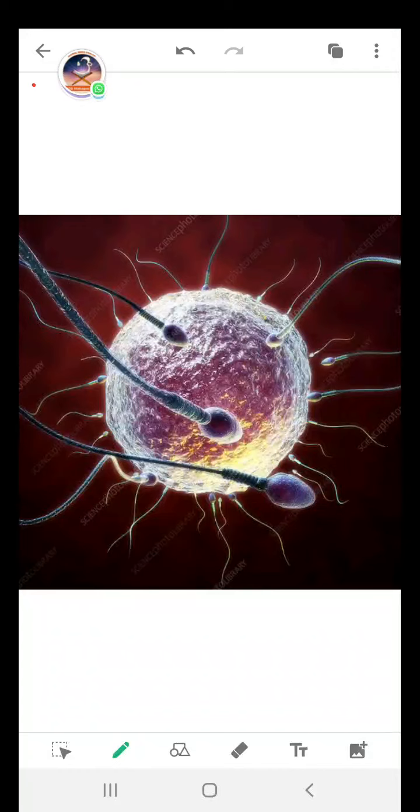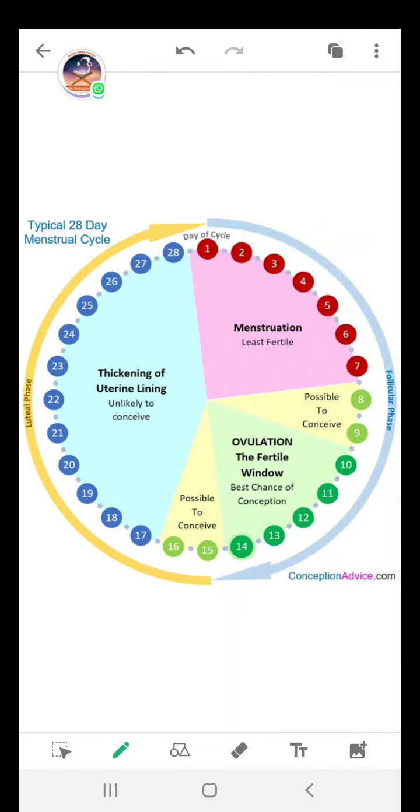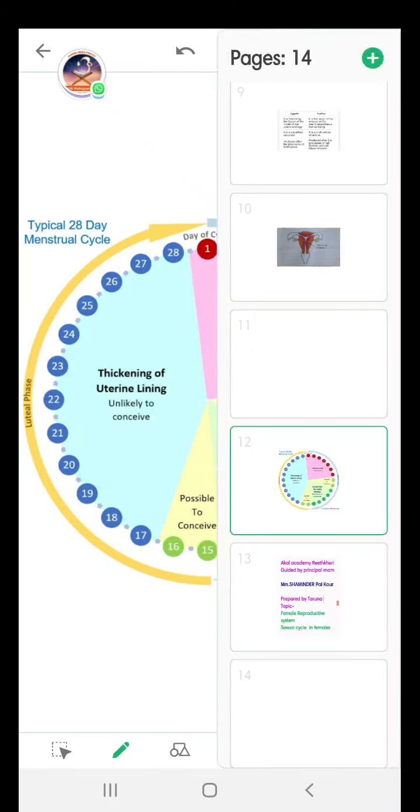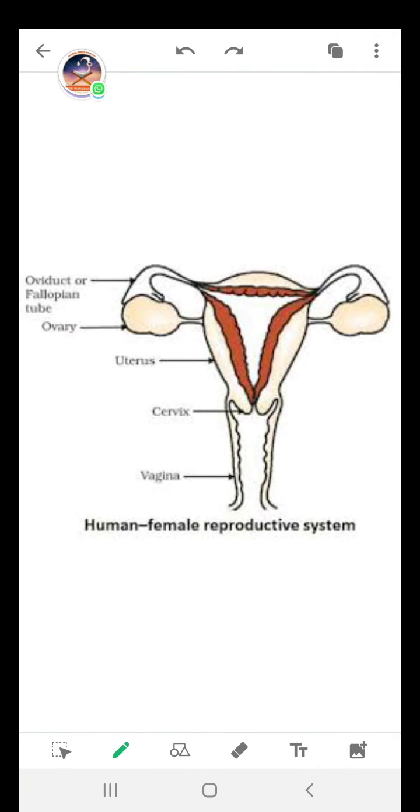And menopause is the permanent stoppage of menstruation. When menstruation permanently stops in women, it is called menopause, and usually it occurs at the age of about 45 to 50 years. Women stop ovulating at the menopause stage and can no longer become pregnant. So menopause is the end of the reproductive life of a woman, as menarche is the beginning of the reproductive life of a girl.